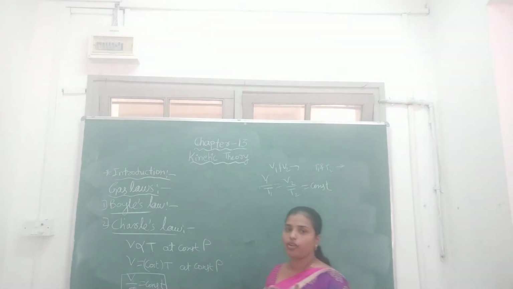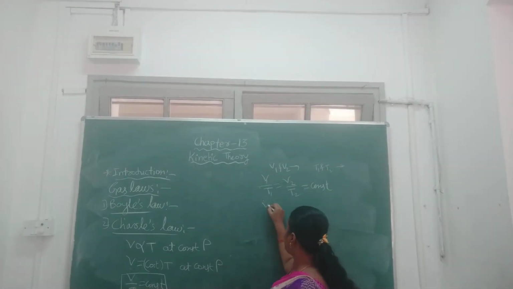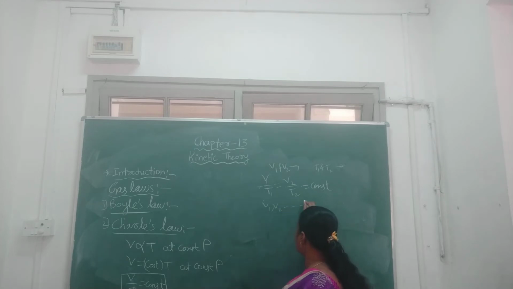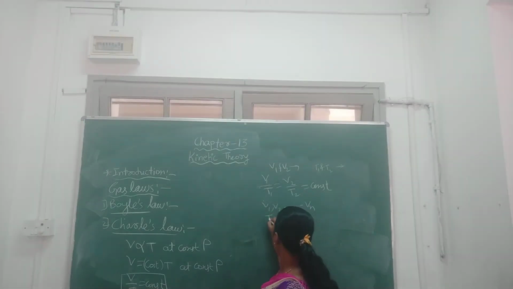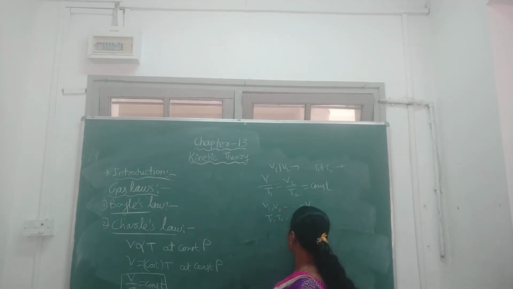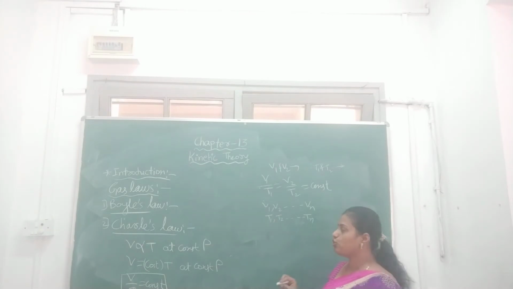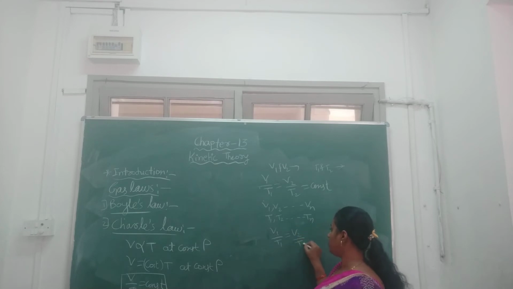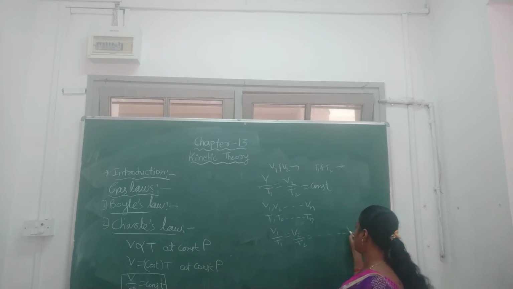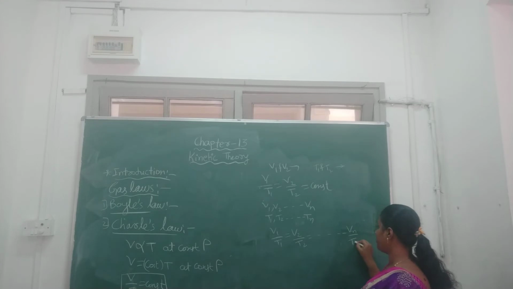Then for n terms, V1, V2, up to Vn are the volumes and T1, T2, up to Tn are the temperatures. Then this equation becomes V1 by T1 is equal to V2 by T2 is equal to dash up to Vn by Tn is equal to constant.